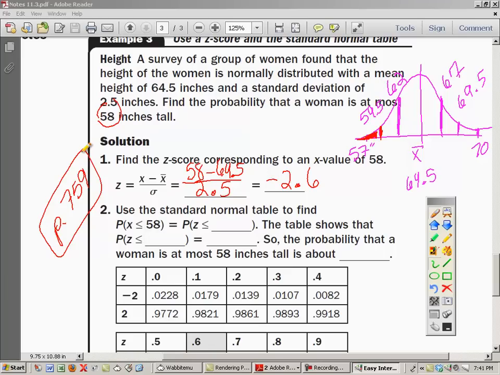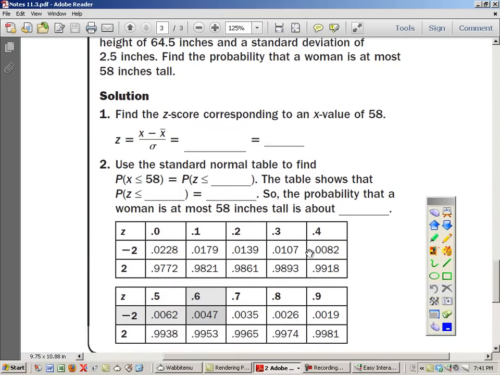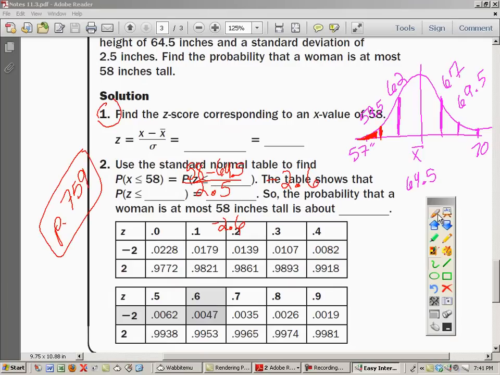It says the probability that x is less than or equal to 58 becomes the probability that the z-score is less than or equal to negative 2.6. So all we then have to do is scroll down here and take a look at our data.